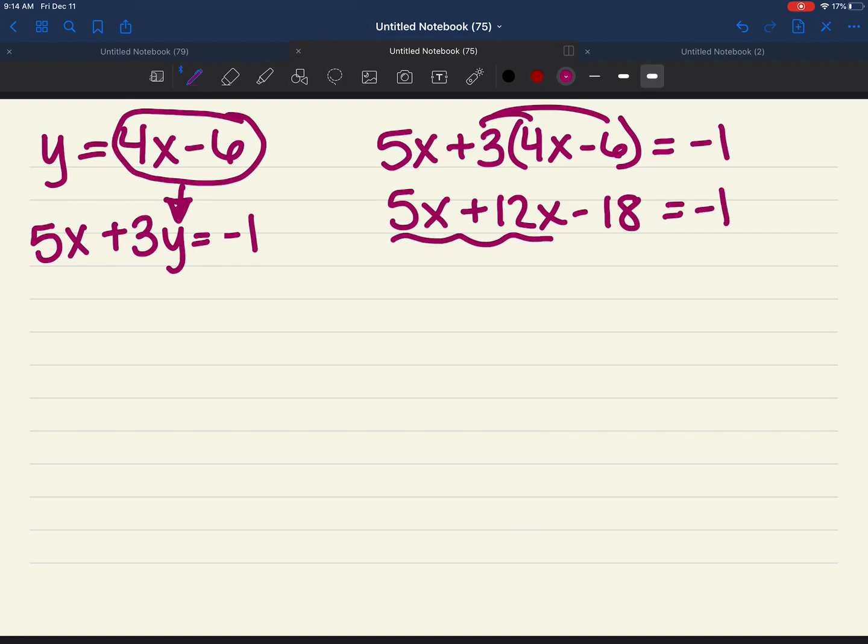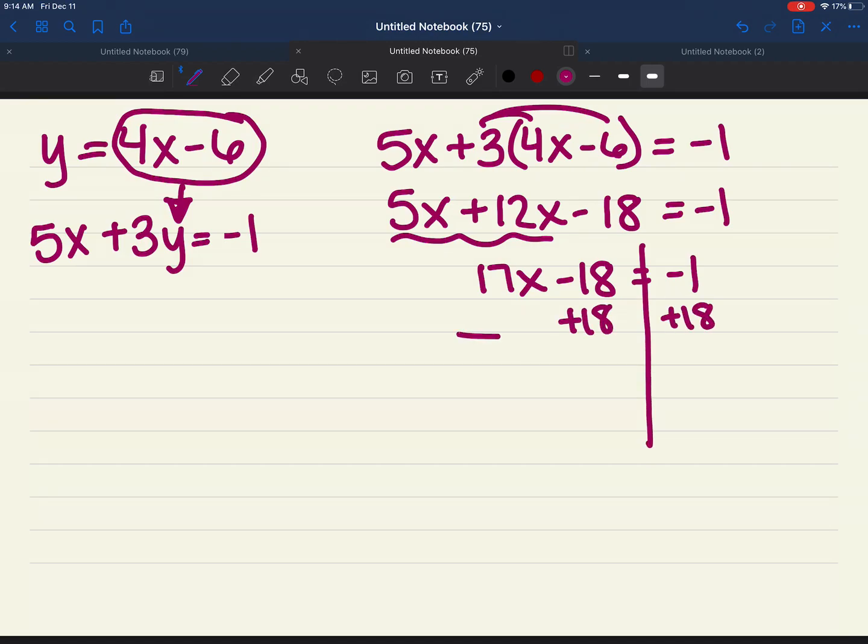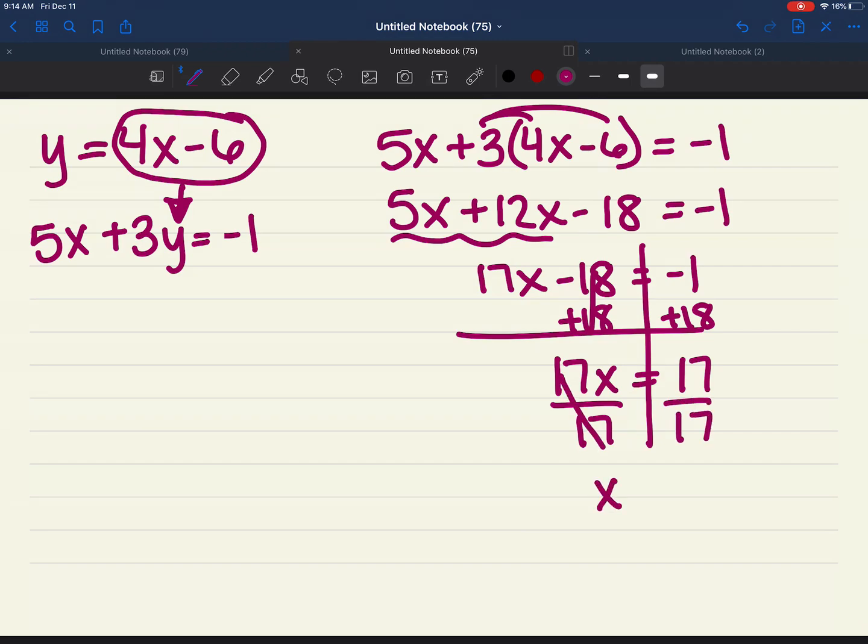Okay, then what? Then you add 5x and 12x to get 17x. And then you add 18 to both sides and get 17x equals 17. And then you divide by 17, so x equals 1.